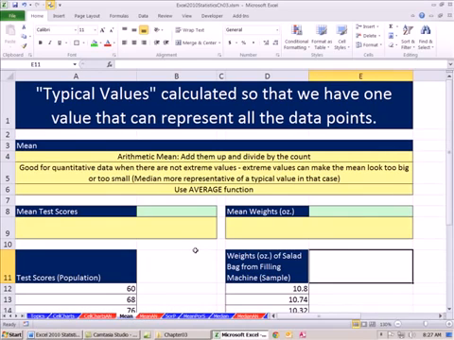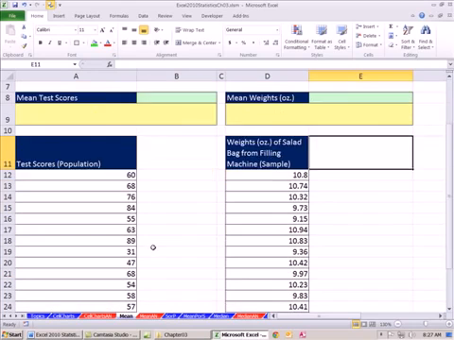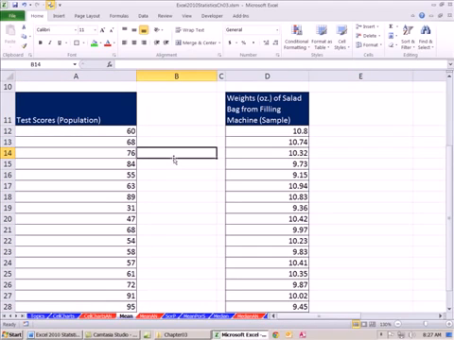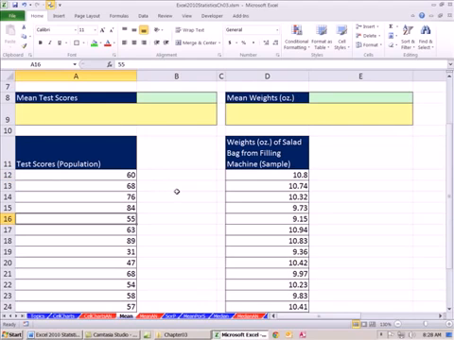Our first broad topic for chapter 3 is typical values. Why do you need a typical value? Just imagine here's a bunch of scores from a statistics test, and your teacher walks in and says, on the last test, someone got a 60, a 68, a 76, an 84, a 55. That wouldn't make any sense, right? Really, the teacher comes in and says, on the last test, the average score was 71.